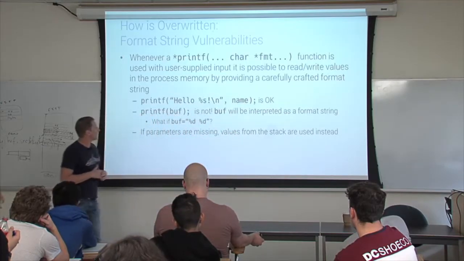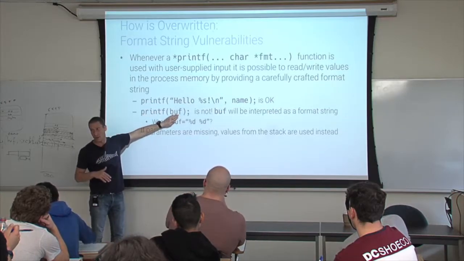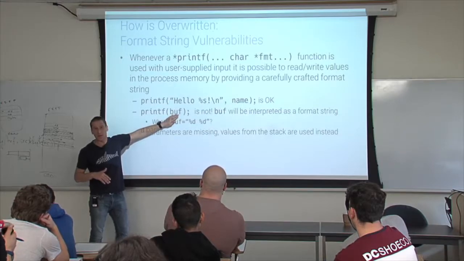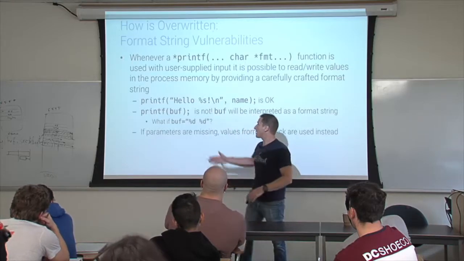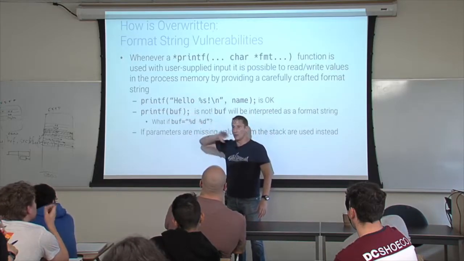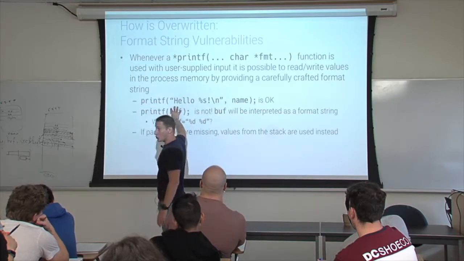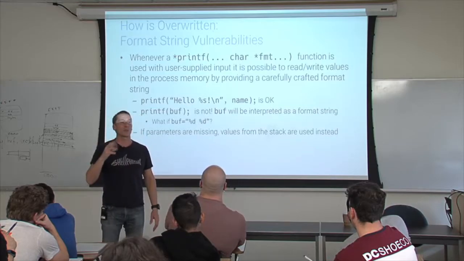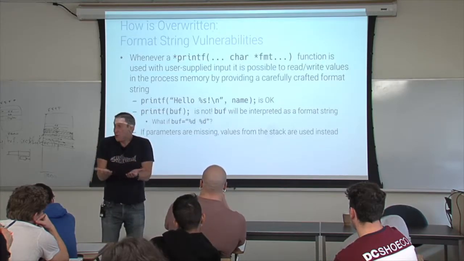But if you can control the format string, this is really bad. Because what if you print buff assuming that this is a constant, a log entry or something like that, but it's under the control of the attacker and they give you %d, %d, %d. Suddenly the callee says, oh, I see 3 parameters here.